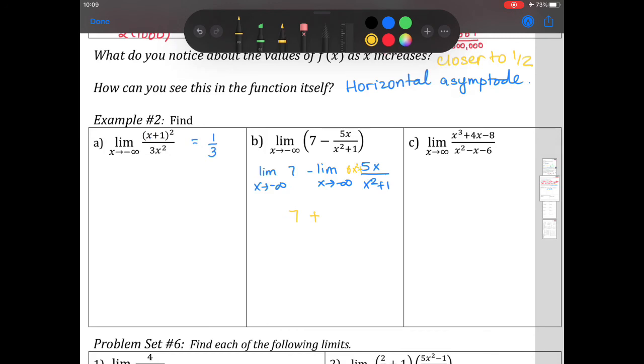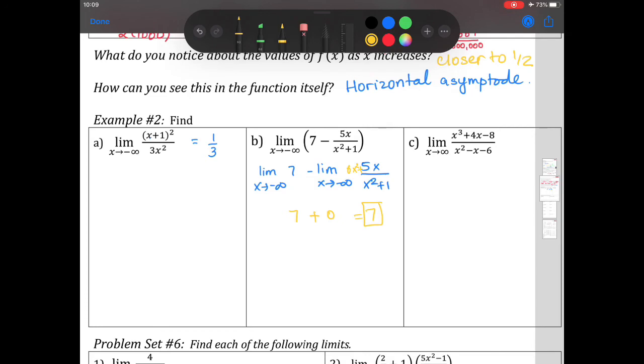Let's do the method. If you put a placeholder for 0x squared, now what's 0 divided by 1? It is just 0, so it's going to be 7. I would say remember it, but I'm just giving you a tool in case you forget or you're confused with your horizontal asymptotes.